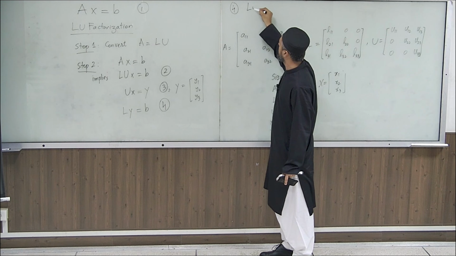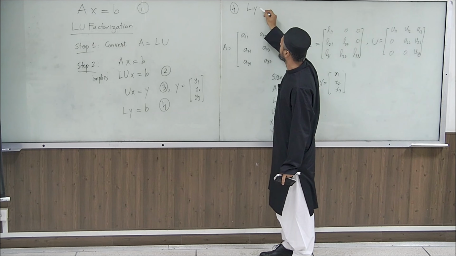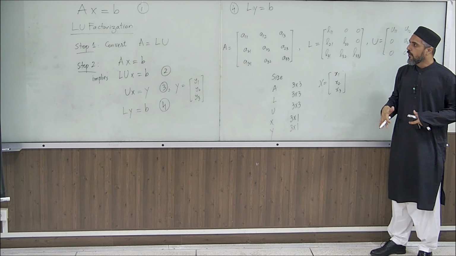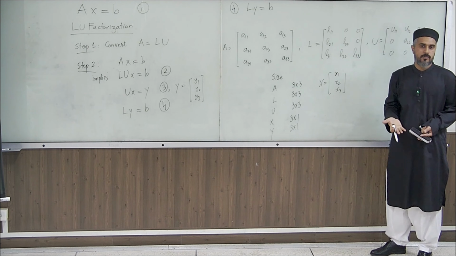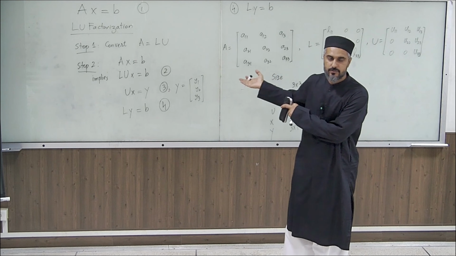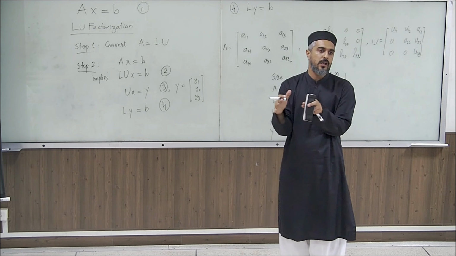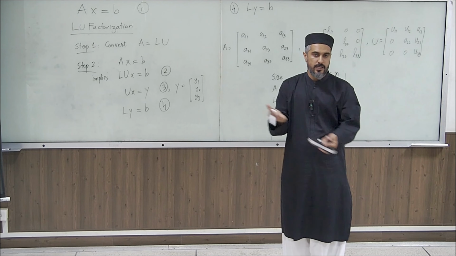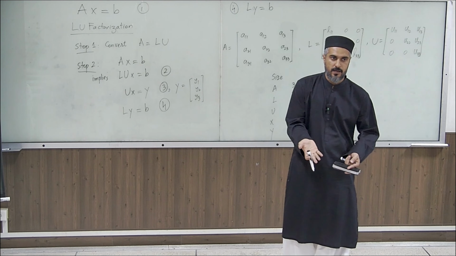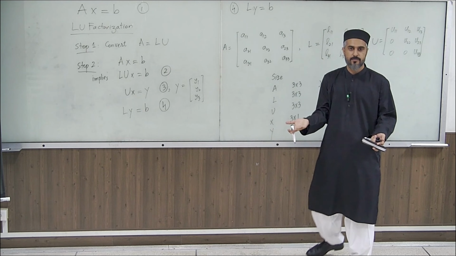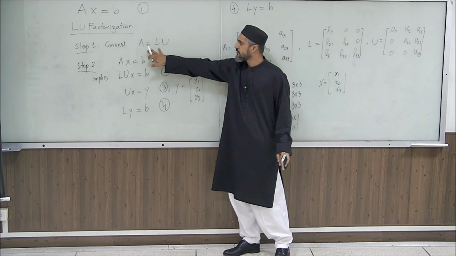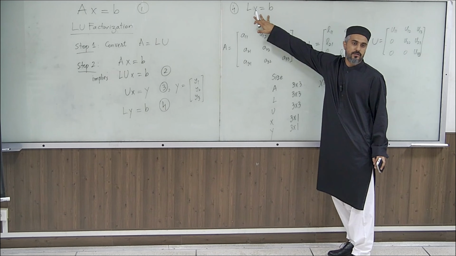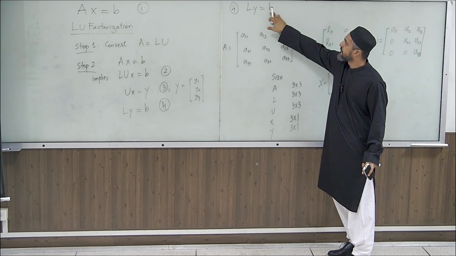It says Ly equals B. Now, whenever I try to solve a problem, like the example I wrote before when I tried to solve by Gauss elimination, I know the value of B, which is on the right hand side. I know what A is, which is the coefficient matrix, and I have converted A into a product of lower and upper. So I know the value of the lower triangular matrix. I know the value of B.